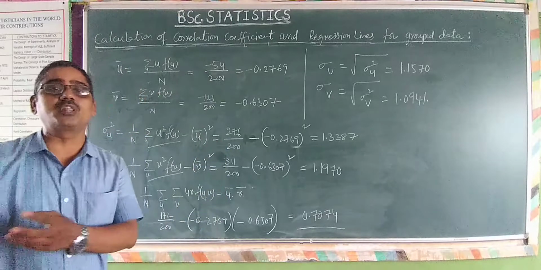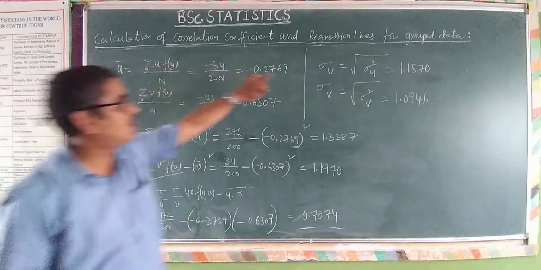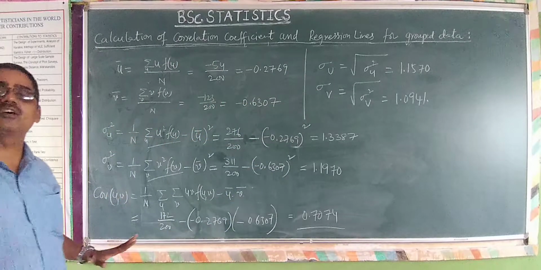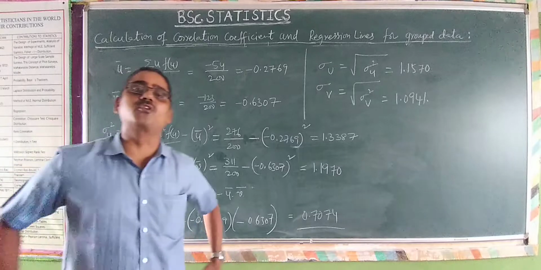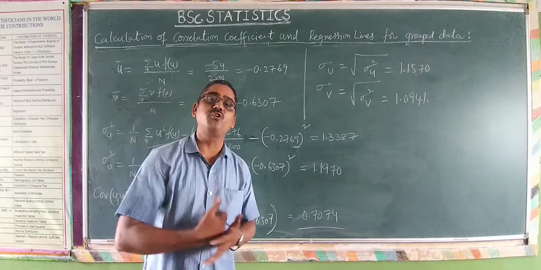You see here now on the board we have U bar, V bar, sigma U, sigma V, covariance of UV. These are the values required to continue. What do you have to calculate after calculating the values in U and V?